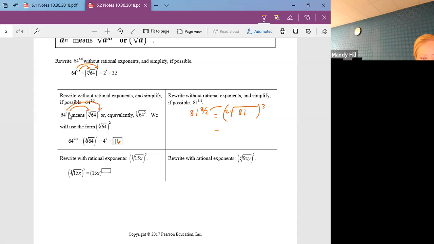So when we're finding the answer, we can also just type in 81 raised to the 3/2 power. Let's go look at that real quick.